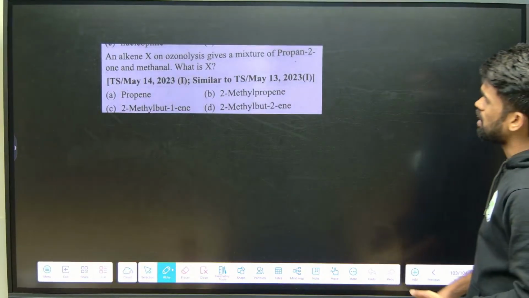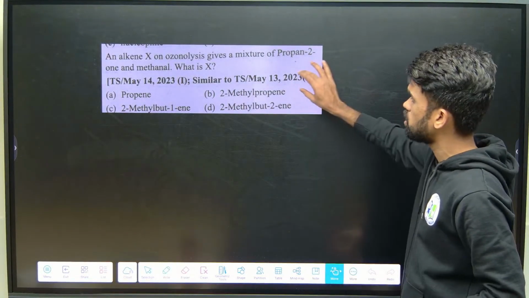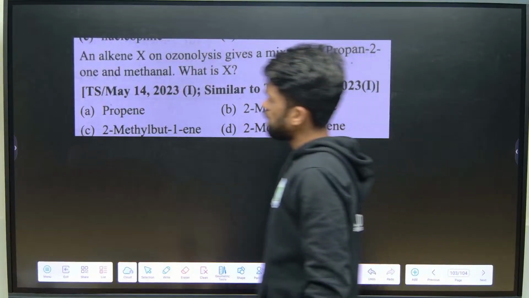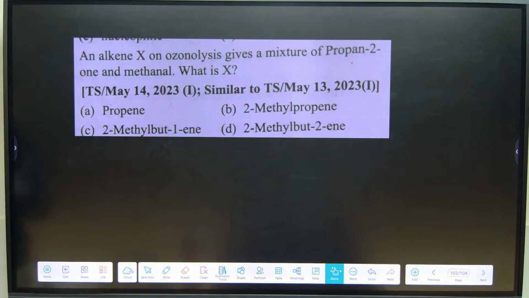And tell me this one last question on the ozonolysis reaction. How many times it is repeated? Just see the question.